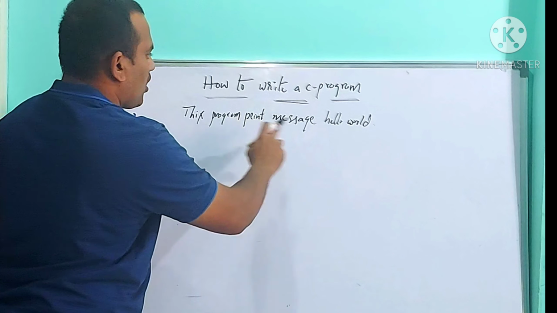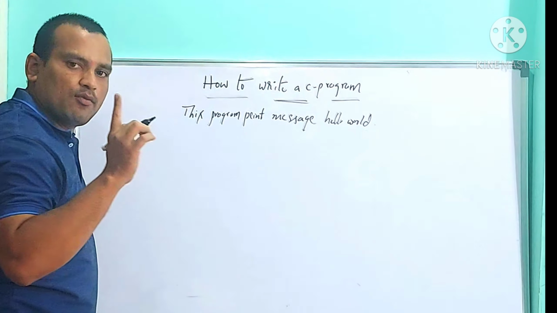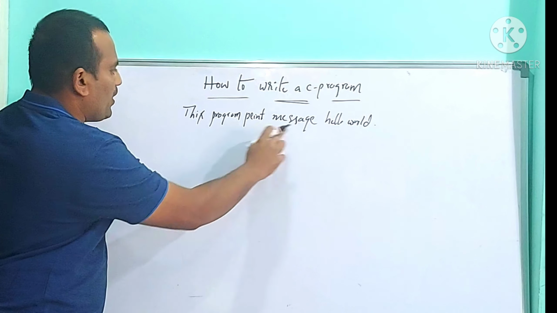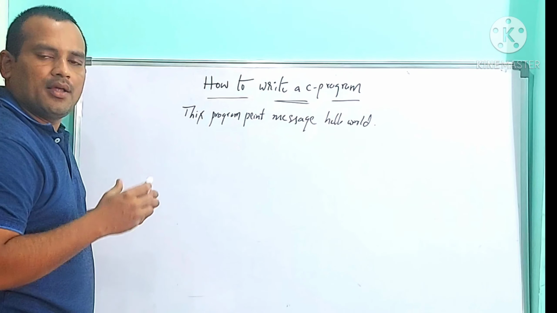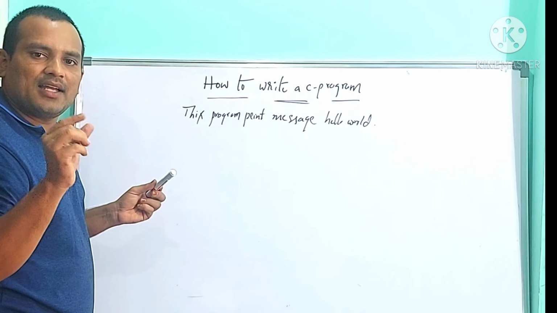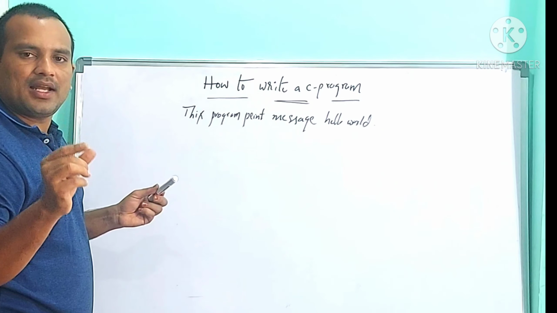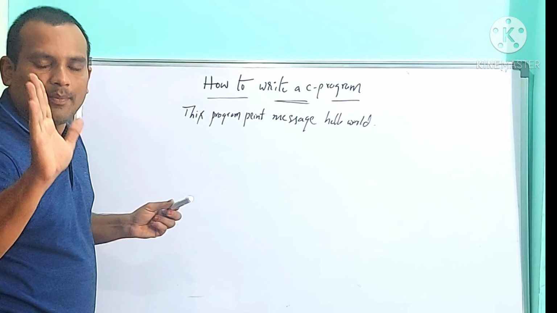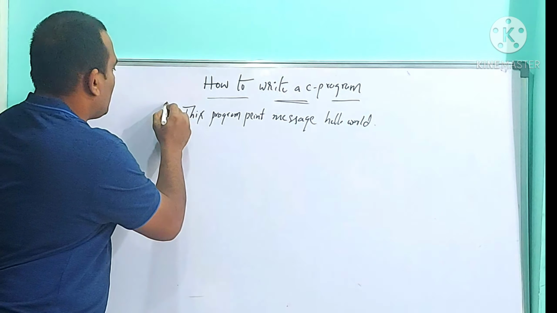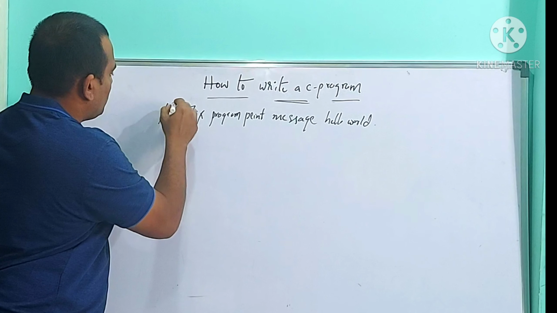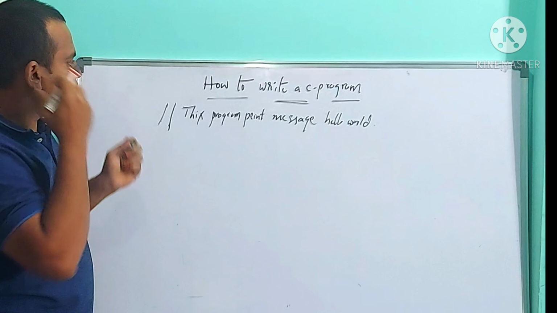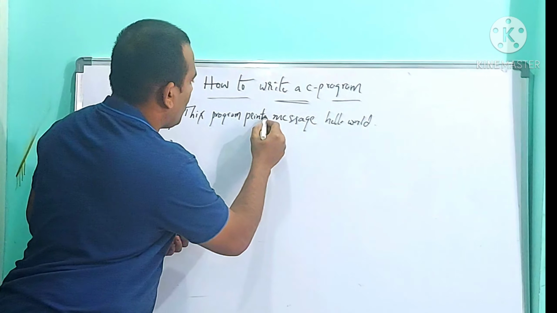How many lines of documentation does it contain? Only one line. So if your documentation contains only one line, then we can use a single line comment. A single line comment starts with a double slash. So, double slash: this program prints message hello world.